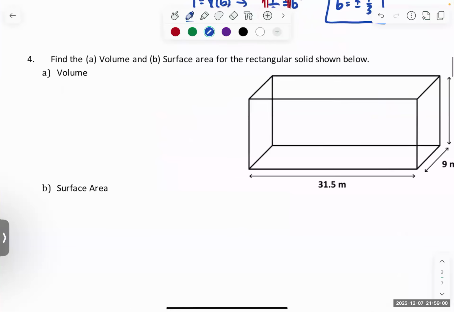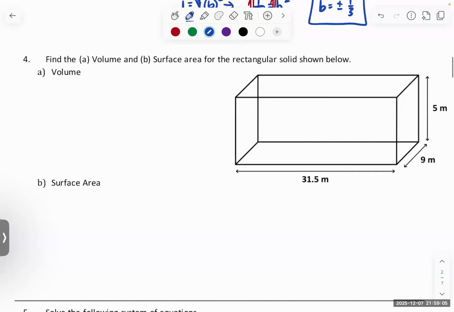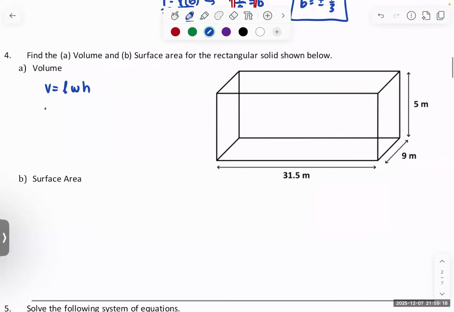All right. For number 4, find the volume and surface area for the rectangular solid below. So the volume of any rectangular solid is just length times width times height. So really it's just multiplying all three of these sides.